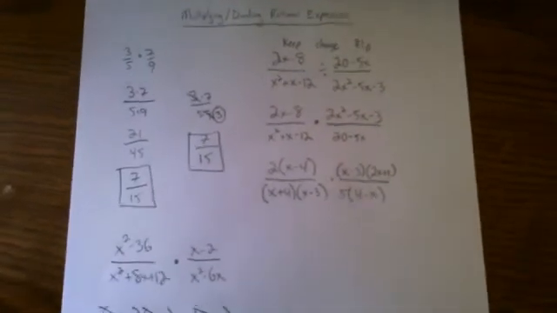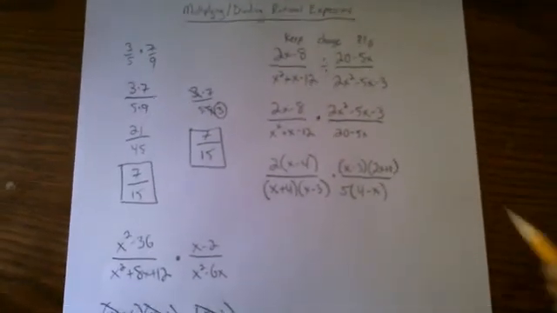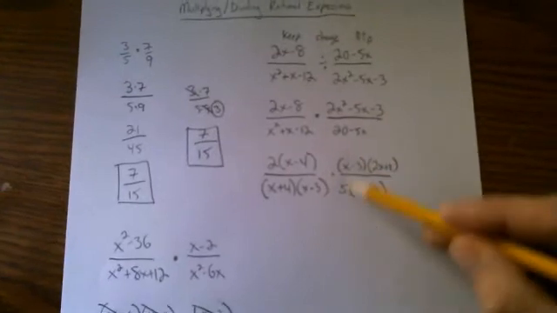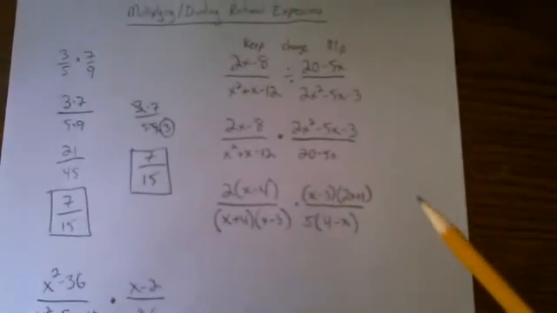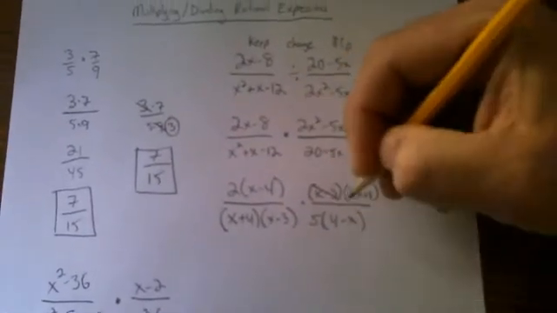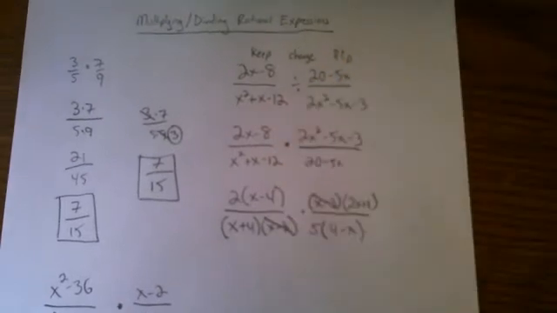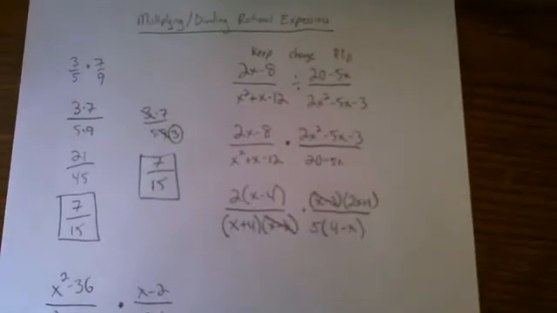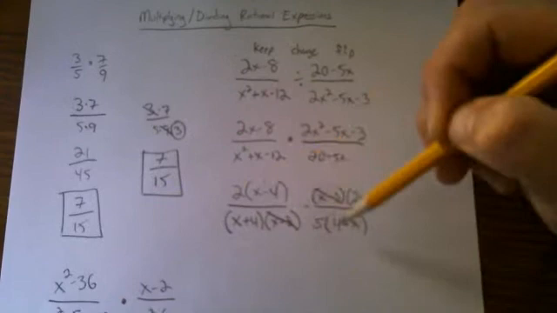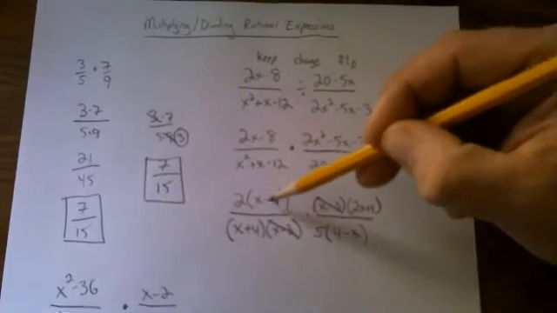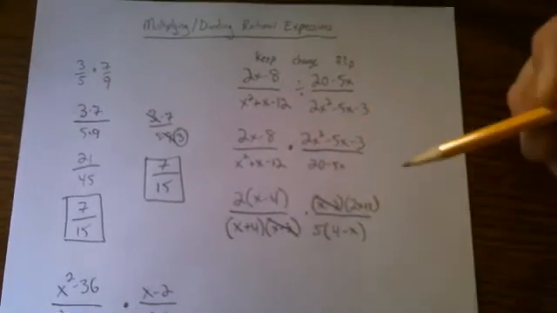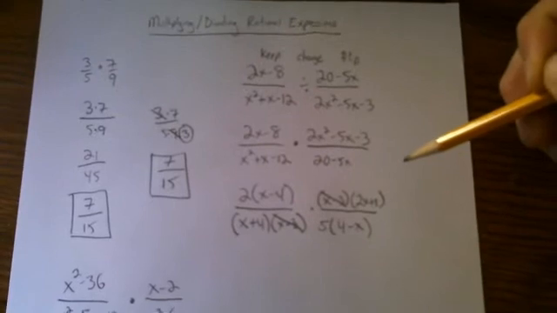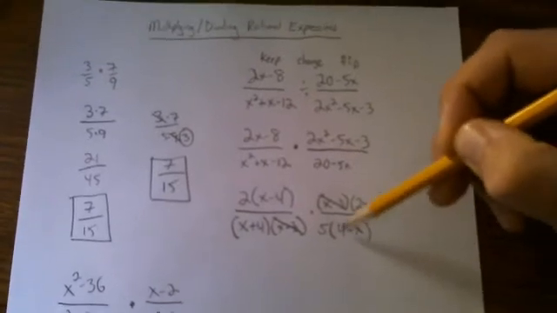Okay, so now we can start looking for things to cancel on the opposite sides of the fraction. Okay, so I have an x minus 3 to cancel with an x minus 3. Now this one looks like we can cancel it. This is x minus 4, and this is 4 minus x. But subtraction is not commutative.